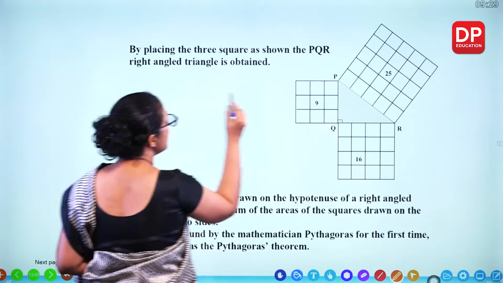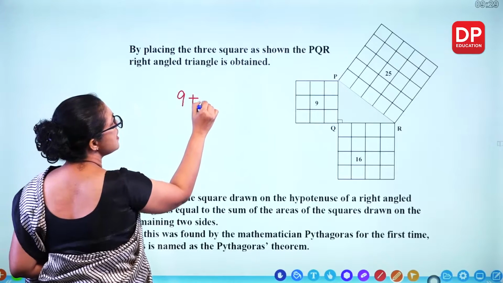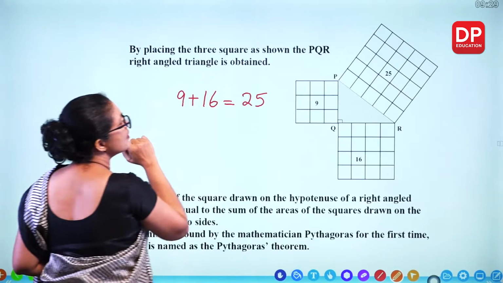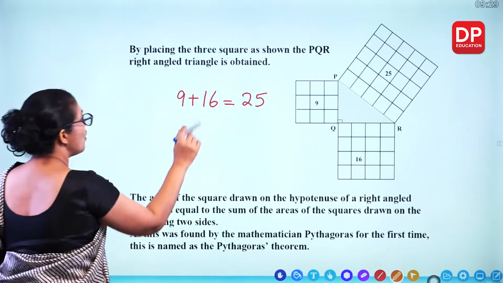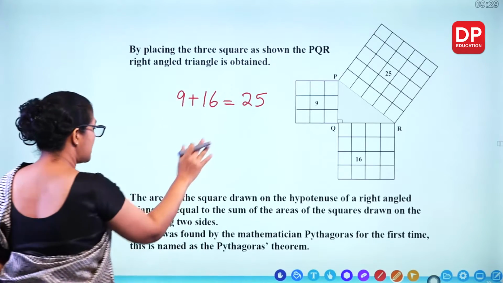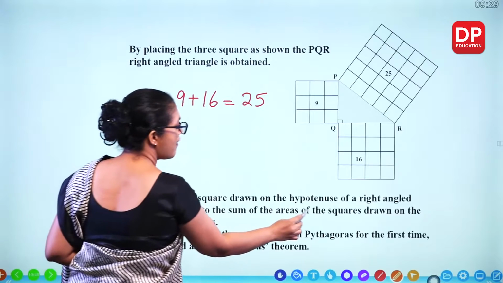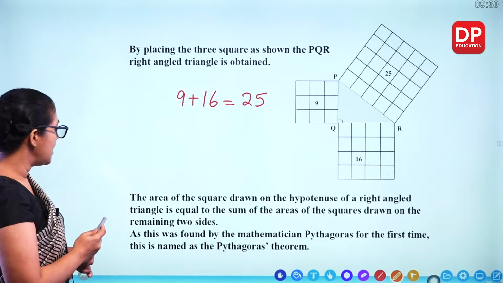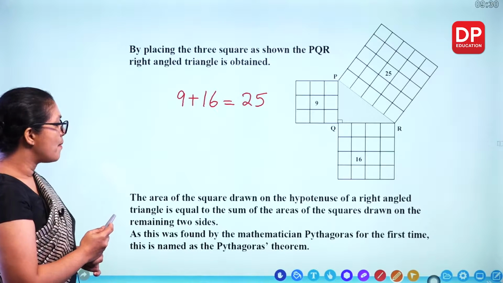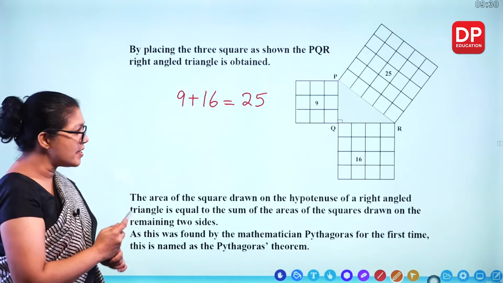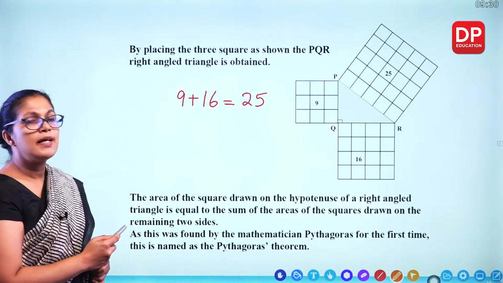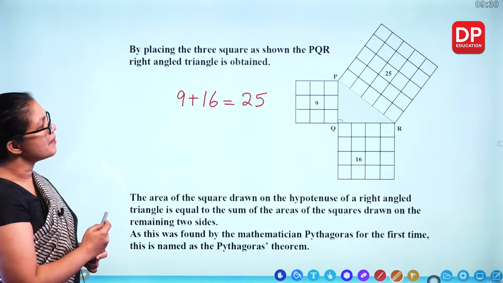So we'll see 9 plus 16, you get 25. So that's true. So 25 is the sum of areas of the squares drawn on the remaining two sides, as this was found by the mathematician Pythagoras. For the first time, this is named as the Pythagoras Theorem.